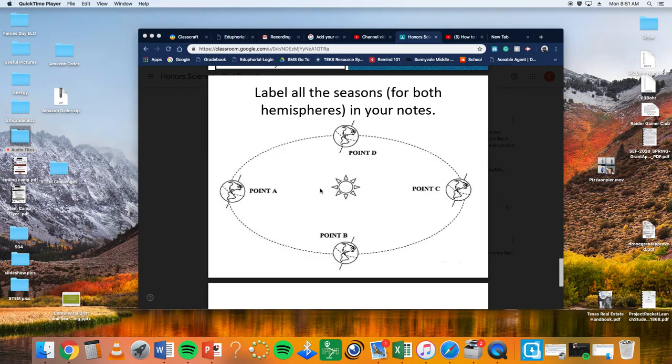Okay. And then check out the equator. Here's the thing about the equator. It's always getting just slightly less than direct sunlight. Slightly less. But it's always getting that little bit of direct sunlight all year around.